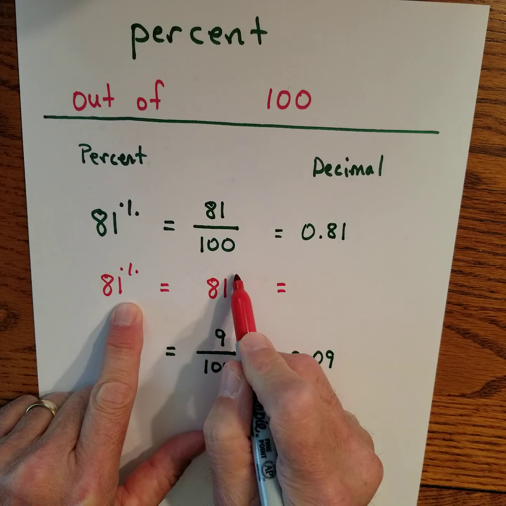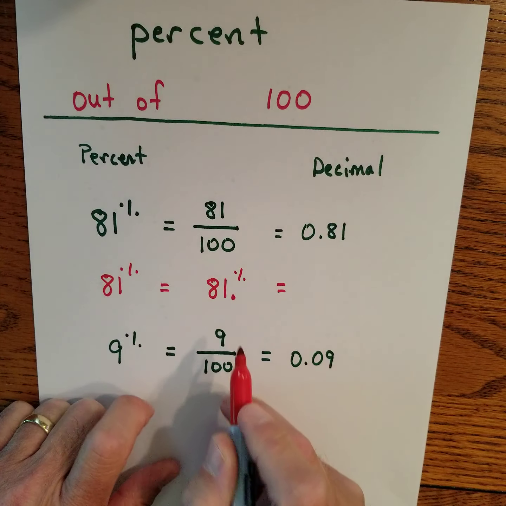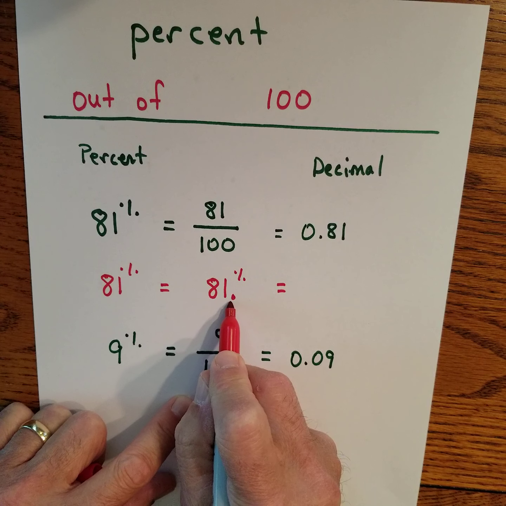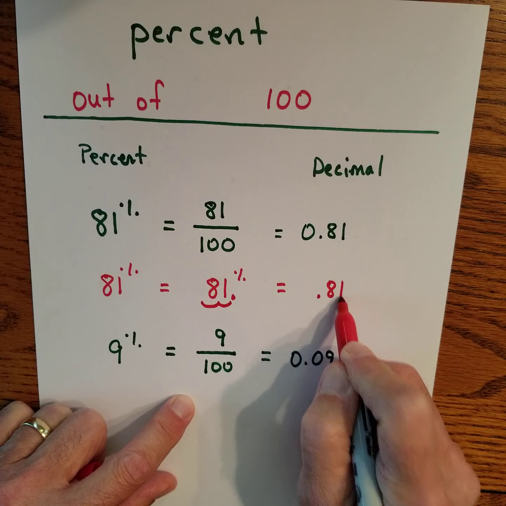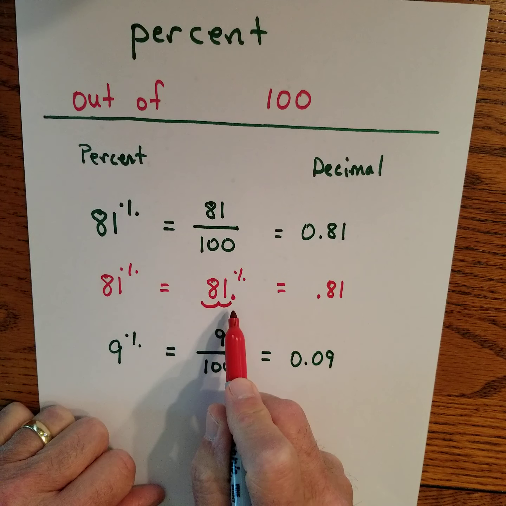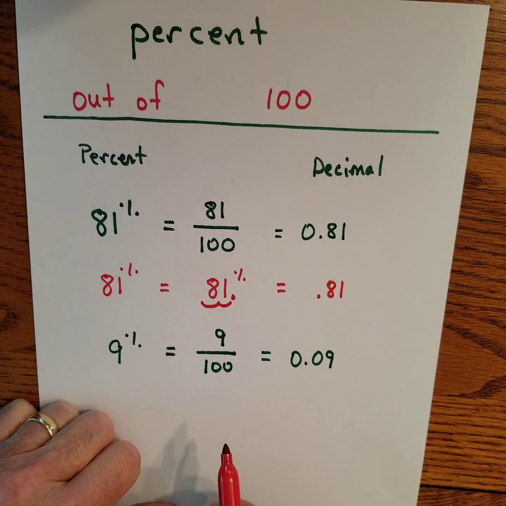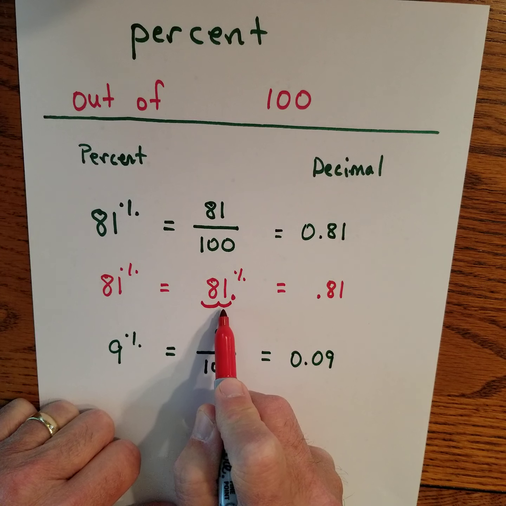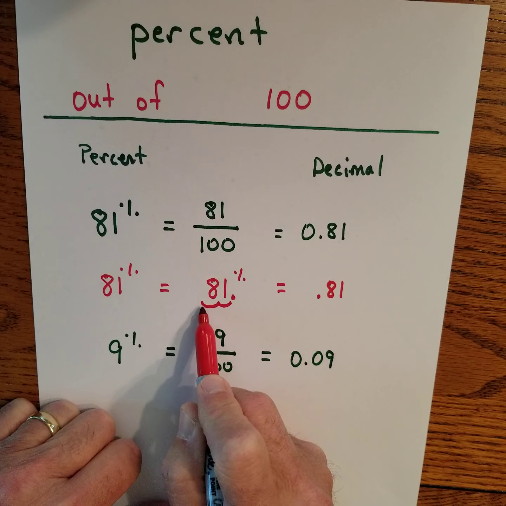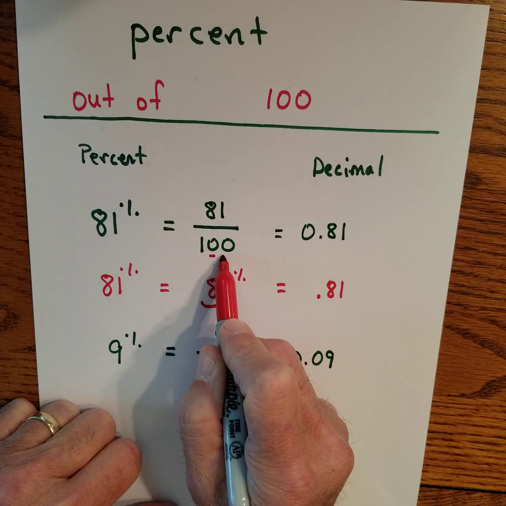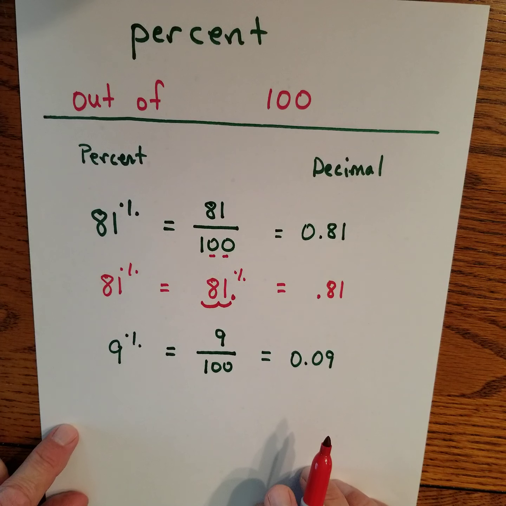And if I want to change that percentage into a decimal, I move the decimal point 2 spots to the left. 81% is 0.81 as a decimal because the decimal point moves 2 spots to the left. Why do I move 2 spots to the left? The 2 spots to the left is the same as dividing by 100 with 2 zeros in it.